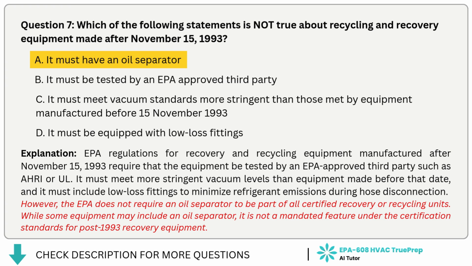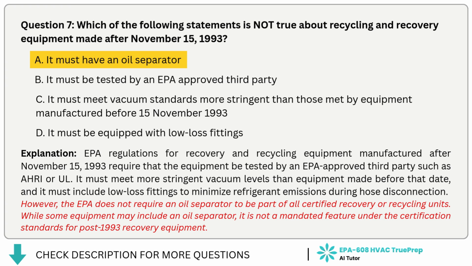Explanation. EPA regulations for recovery and recycling equipment manufactured after November 15, 1993 require that the equipment be tested by an EPA-approved third party such as AHRI or UL. It must meet more stringent vacuum levels than equipment made before that date, and it must include low-loss fittings to minimize refrigerant emissions during hose disconnection.